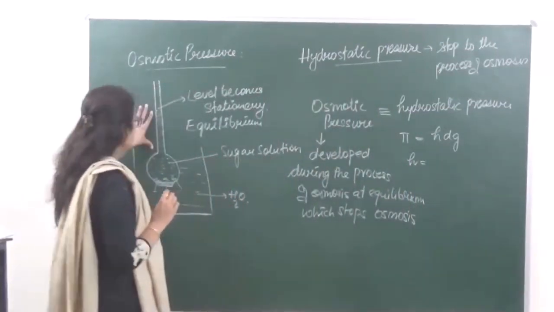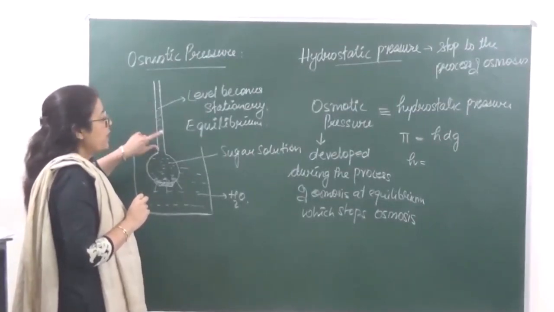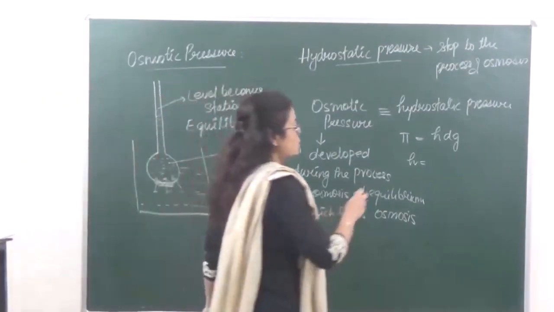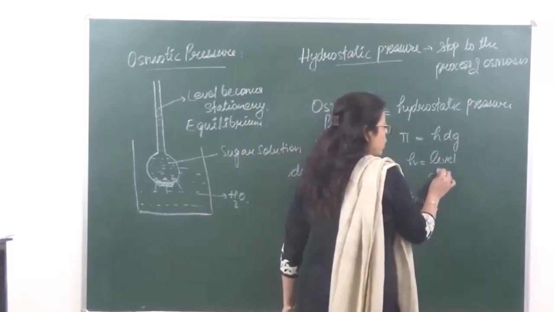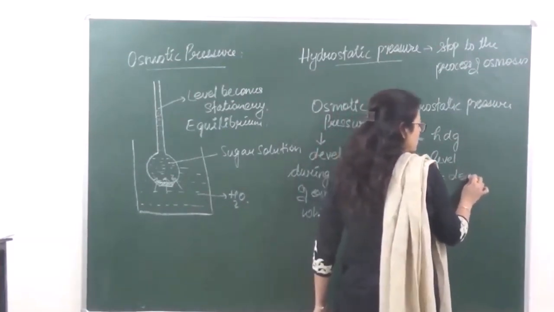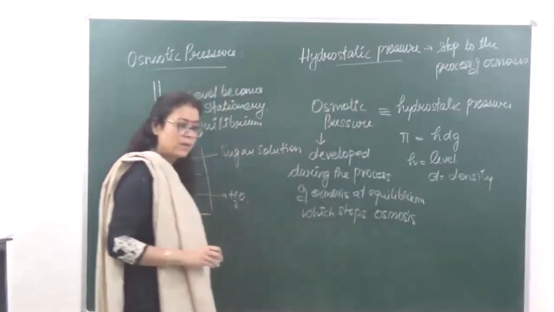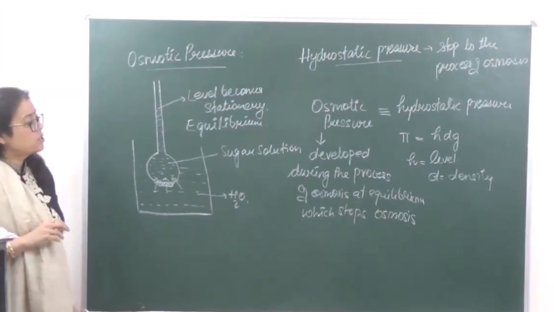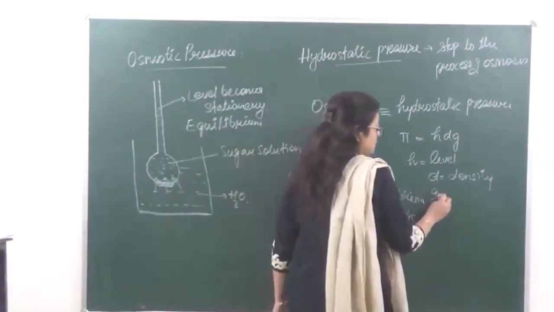Like for example, if this is the level to which water has gone, so h is going to be equal to this height. Okay, so h is equal to height of the level. d over here is equal to density, right? And g which is present over here is equal to acceleration due to gravity.